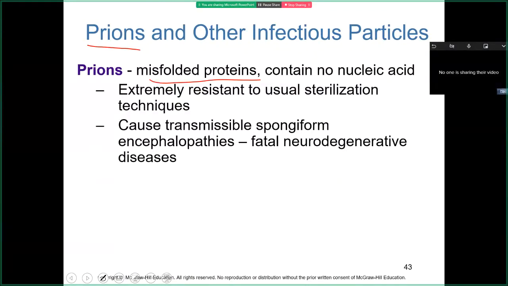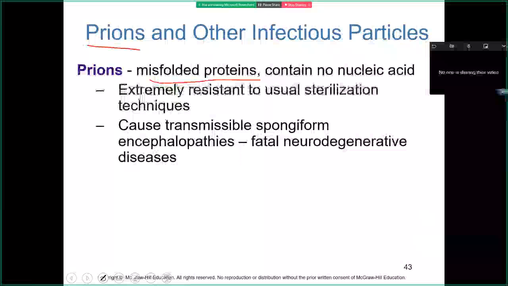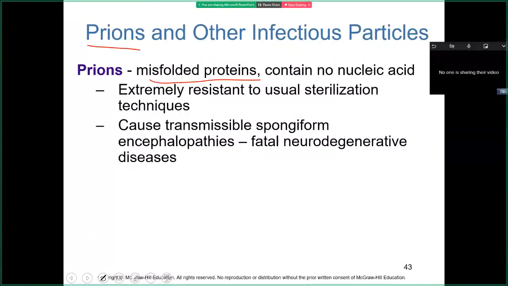And they take on new properties that result in the destruction of cells that contain them. And they become extremely resistant to any sort of phenomenon that would tend to break them down. So they resist denaturation.